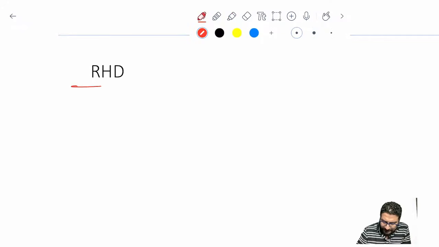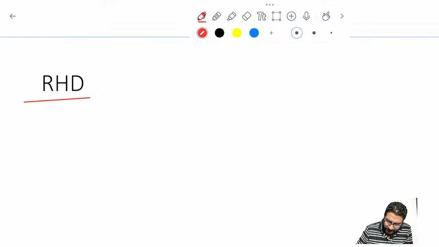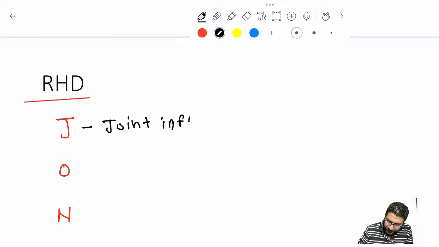Okay, now coming to rheumatic heart disease. What they ask you in exam, they ask you question basically on Jones criteria. Jones criteria means J for joint inflammation.